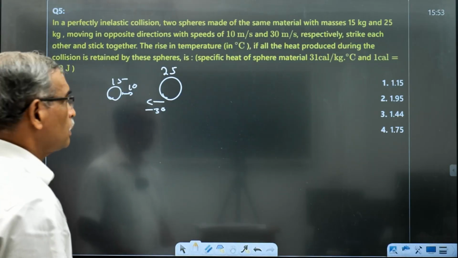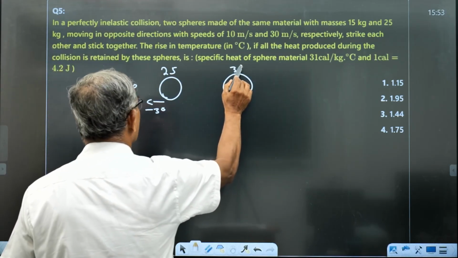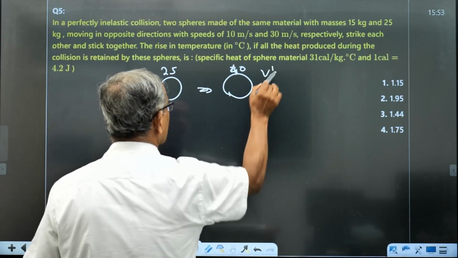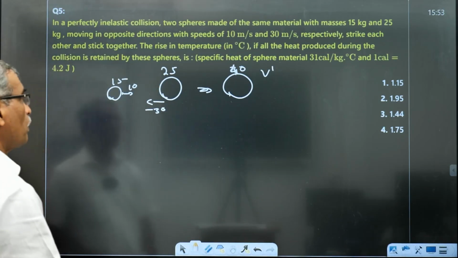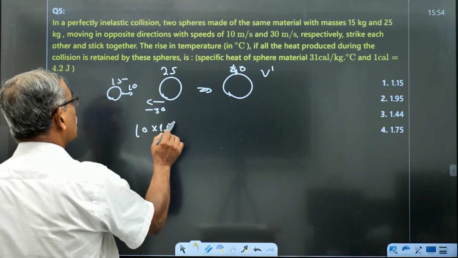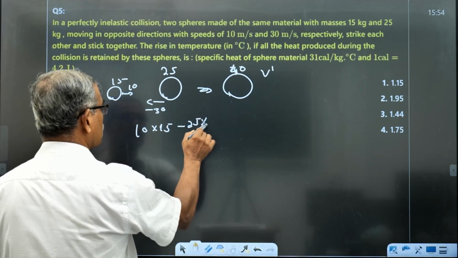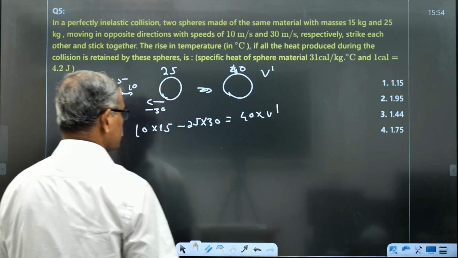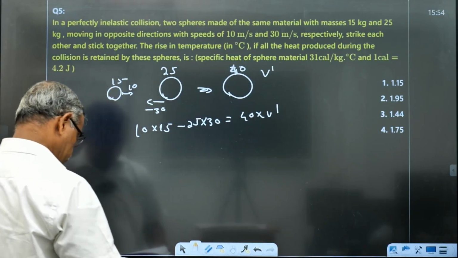And they stick together to form a single body of mass 40 and velocity v dash. Now we have to find what is v dash. Linear momentum conservation: 10 into 15 plus here minus, because of minus, 25 into 30 is equal to 40 into v dash. This on calculation.